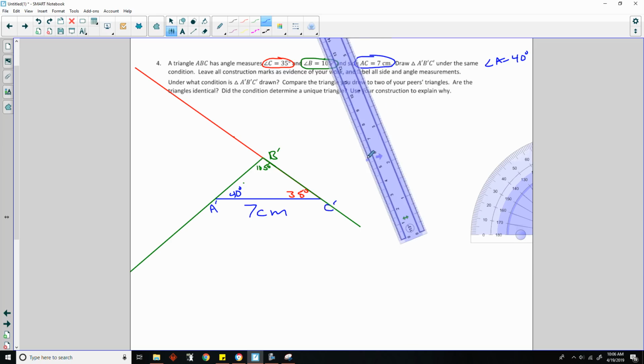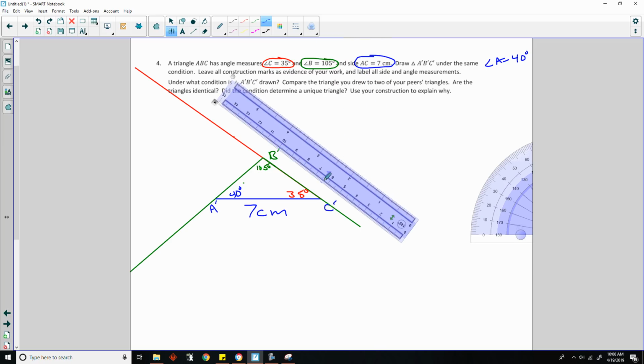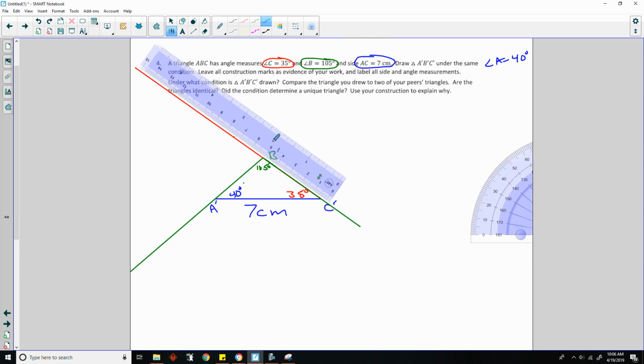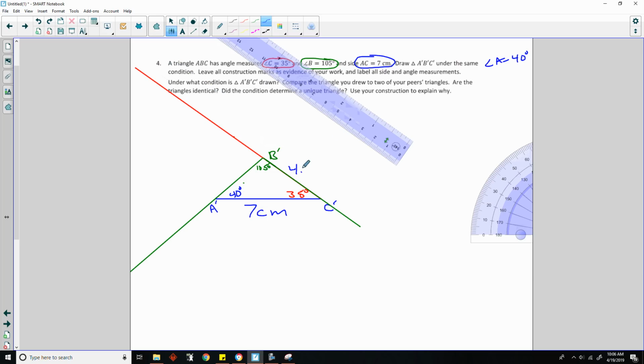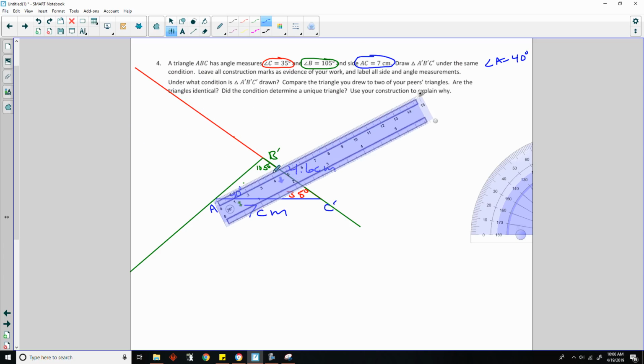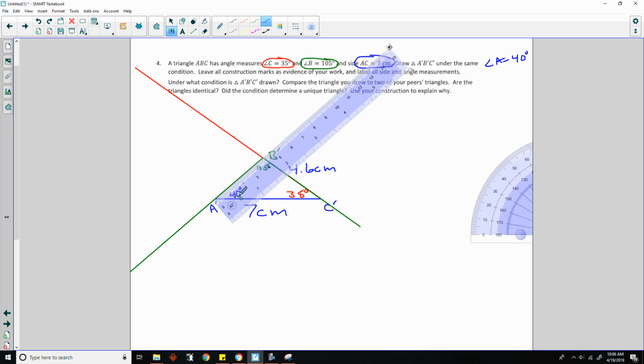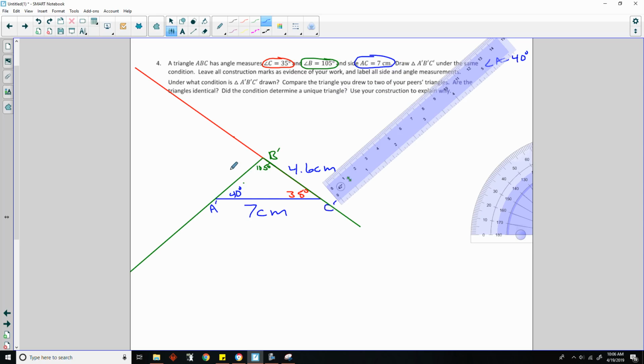Now I need to measure the two sides, and we are done until we get our explanation anyhow. I put my 0 here, and I measure from here to here, and it looks like 4.6 centimeters. Then I bring my ruler over here to A, rotate it so it's right on the green line, and 0 to here looks like 4, so I'll put 4 cm.